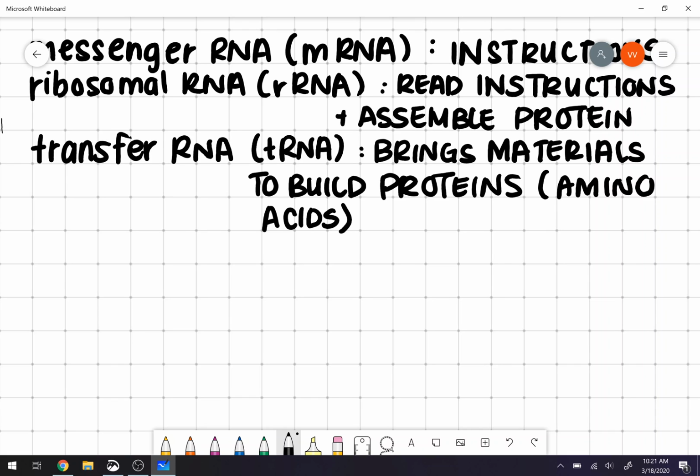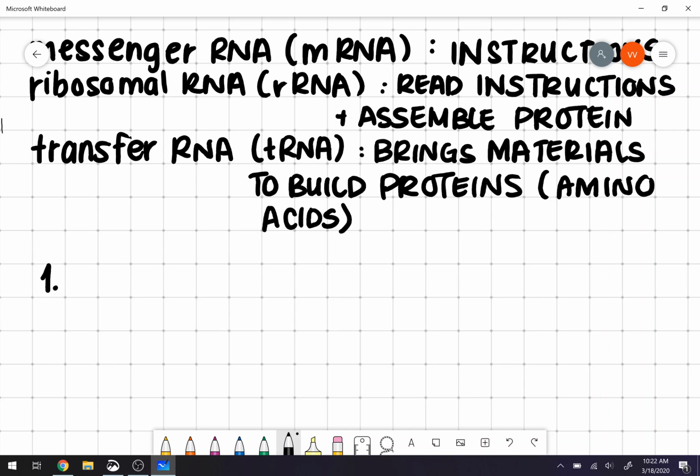All right, so what's going to happen is your messenger RNA is going to find a ribosome where the ribosomal RNA is going to start reading those instructions on mRNA.